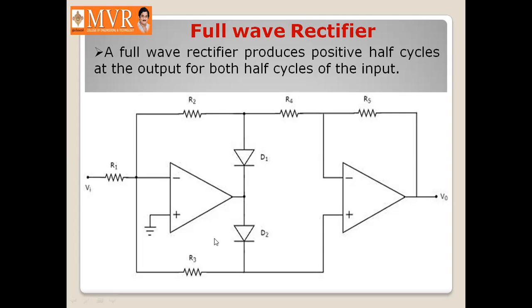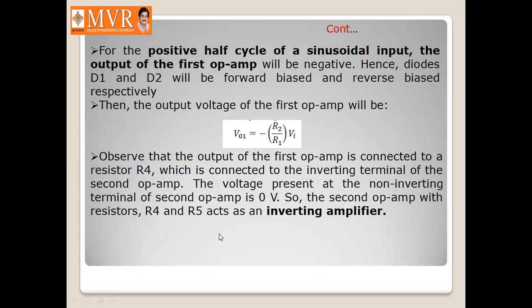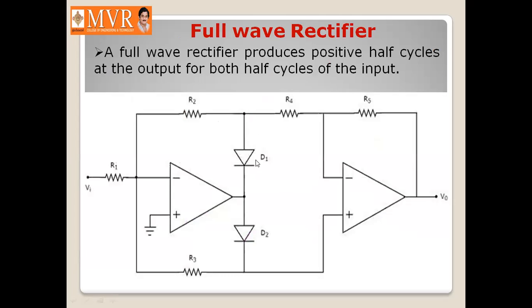One of the op amps is going to work as an inverting amplifier, and the other op amp is going to change its function according to the operation of the first op amp. That means the second op amp is going to act as an inverting amplifier, as well as operate as a non-inverting amplifier also.